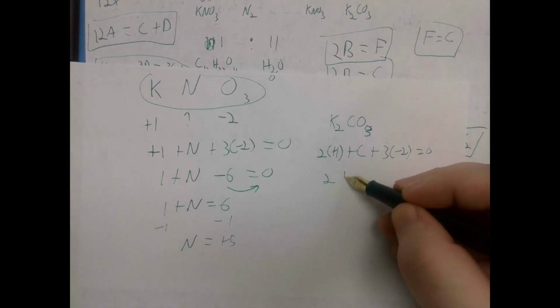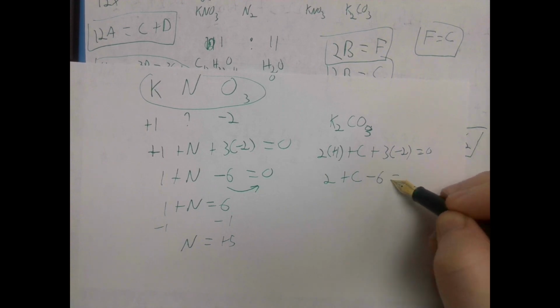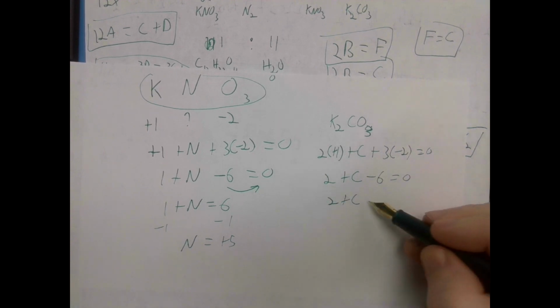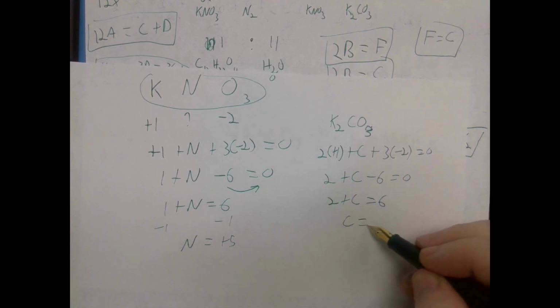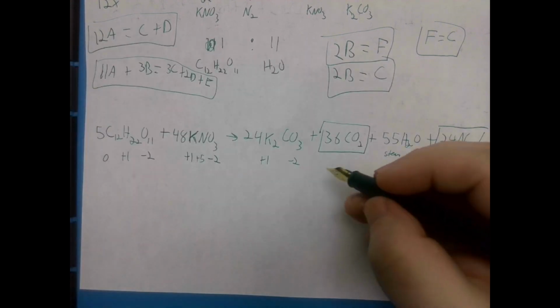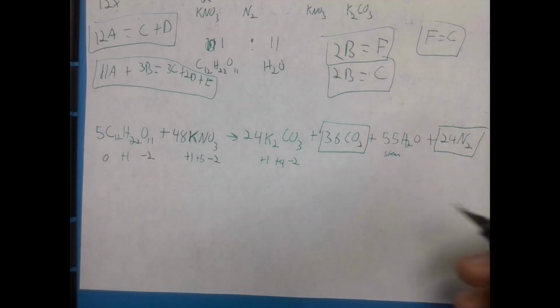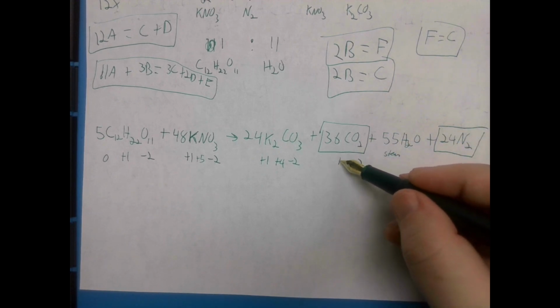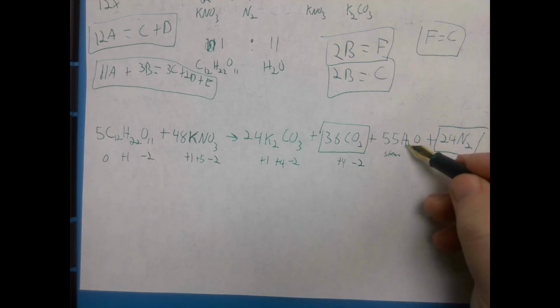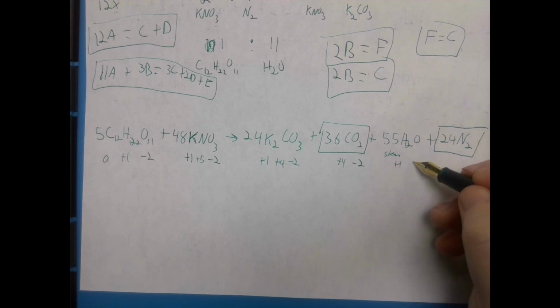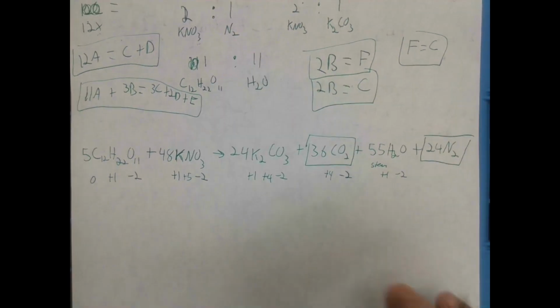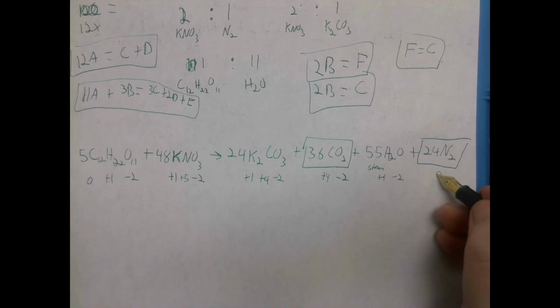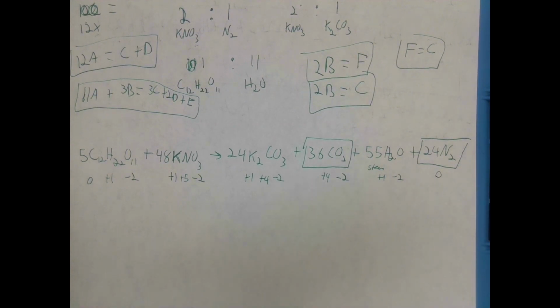So that'd be 2 plus C minus 6 is equal to 0. 2 plus C is equal to 6. C is equal to +4. Hydrogen is +1, oxygen is -2, and nitrogen is 0. So we're all changed.